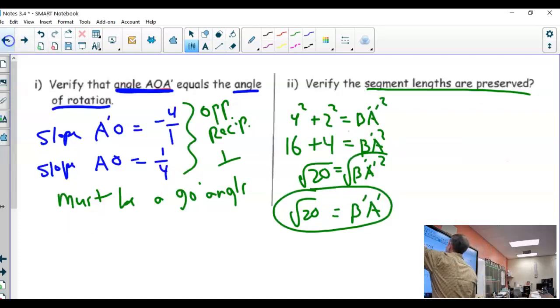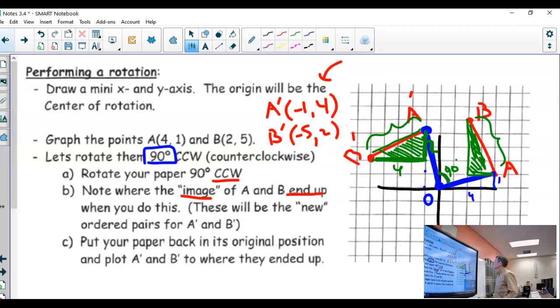So let's look at the other one. Now I'm looking over here. Is segment BA the same length? And I think it's obvious that it is, but look, we have the same triangle. This side of the triangle is 4, and this side of the triangle is 2. And then I have side BA.